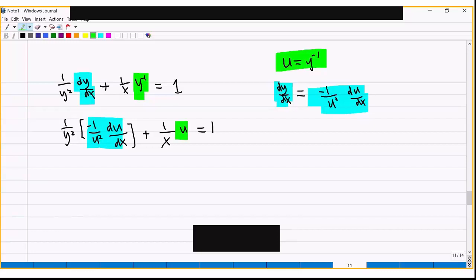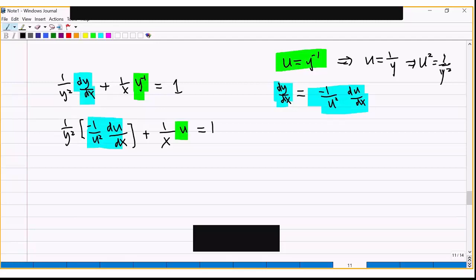Remember, u is actually 1 over y. So 1 over y squared is actually u squared, because I don't want any y there.